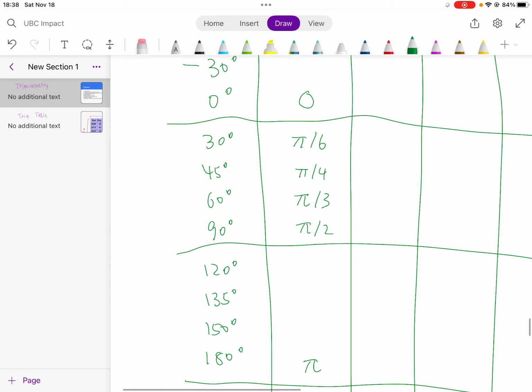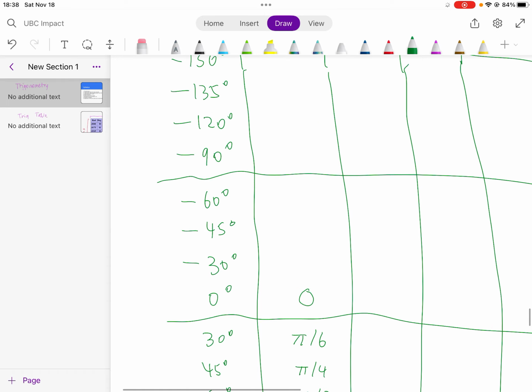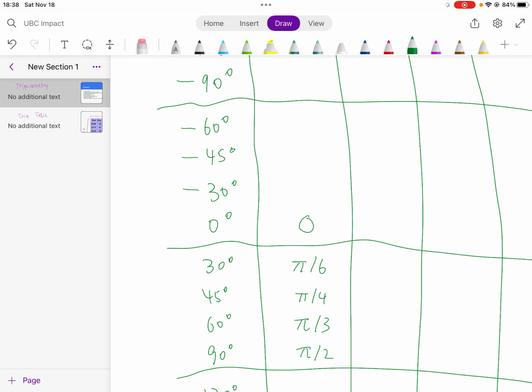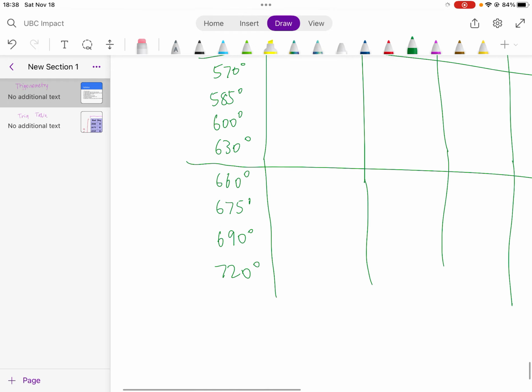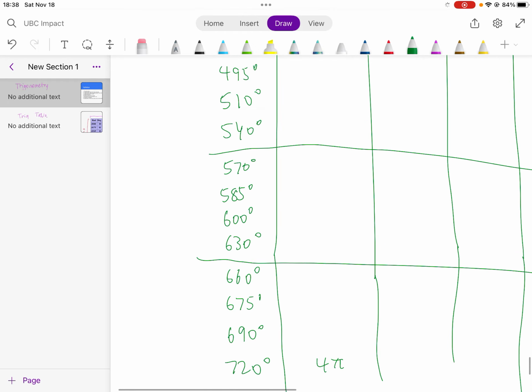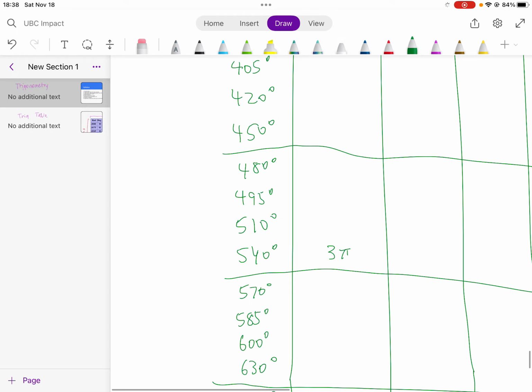This one would be pi over 3. See if you can reason about why. And negative 30 degrees is negative pi over 6. And finally, if 360 degrees is 2 pi, then 720 is 4 pi. So 540 is 3 pi.